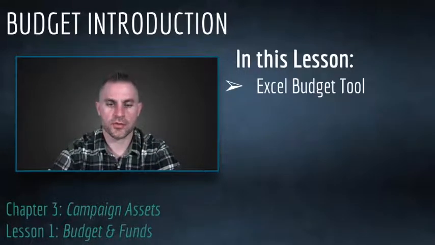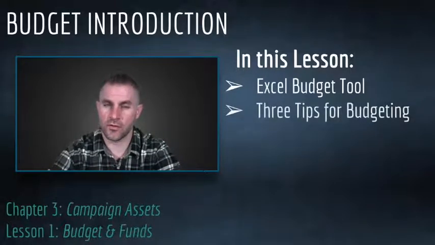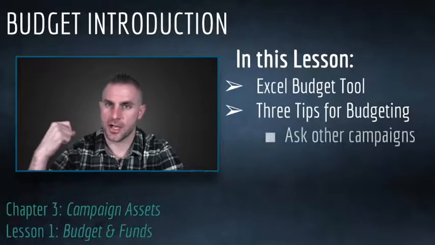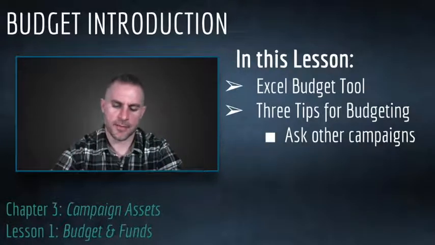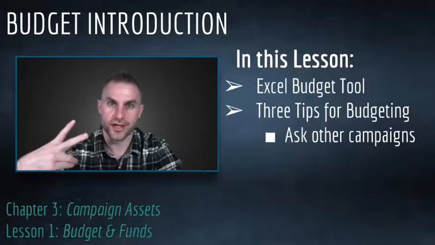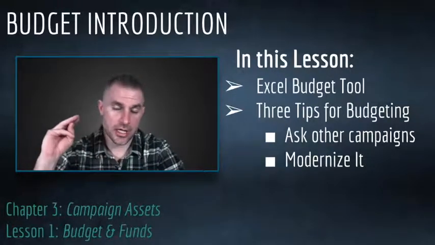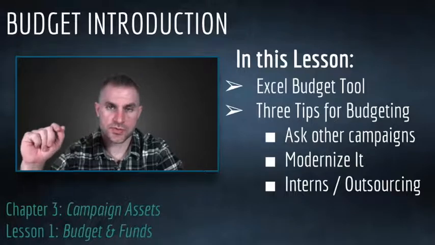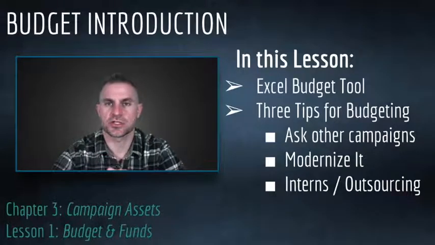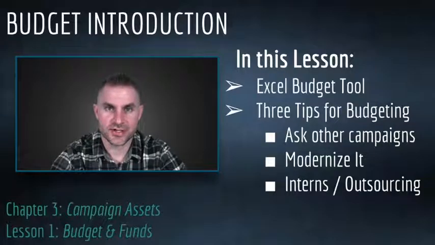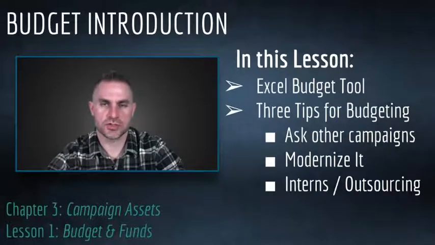And then the second part of the course, we'll talk about tips for budgeting for your campaign. Three main tips. One, we'll talk about asking other campaigns about budgeting. Two, how to modernize your budget. And three, using interns and outsourcing to be able to save some on your budget as well. So let's get started with the Excel budgeting tool I've built for you.